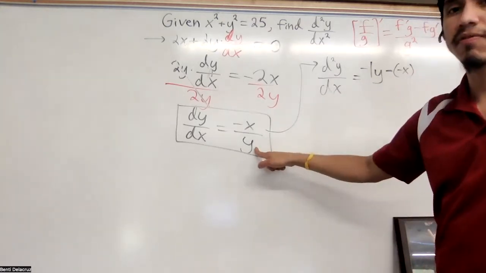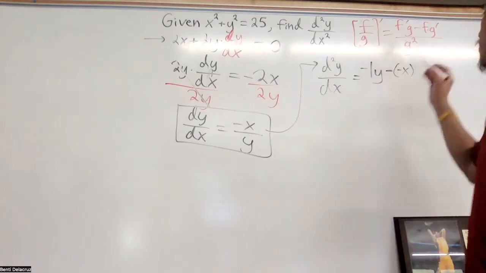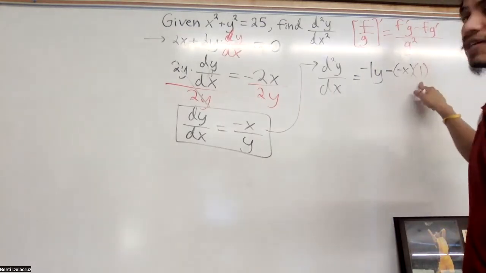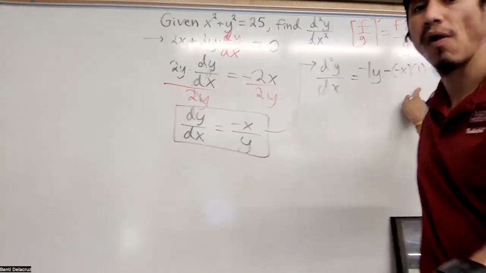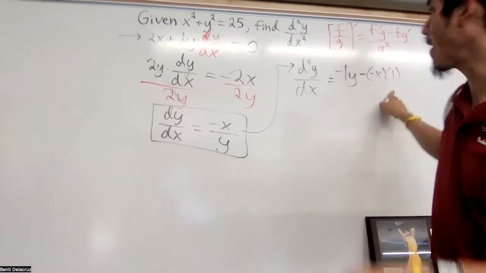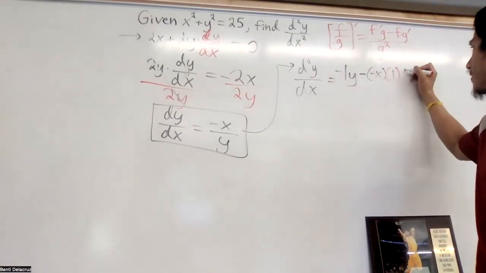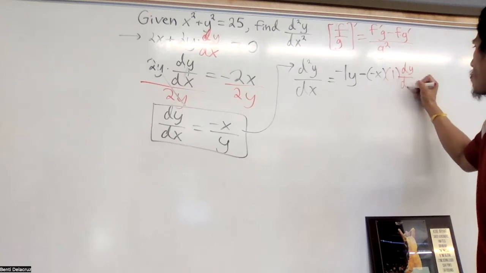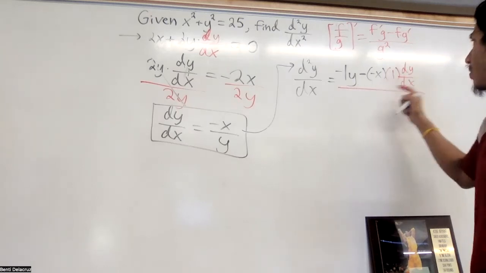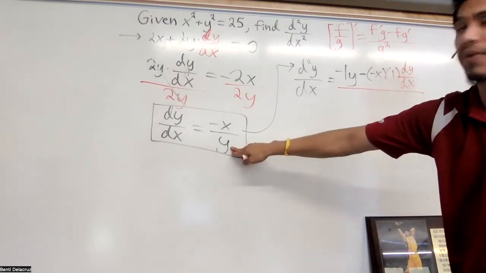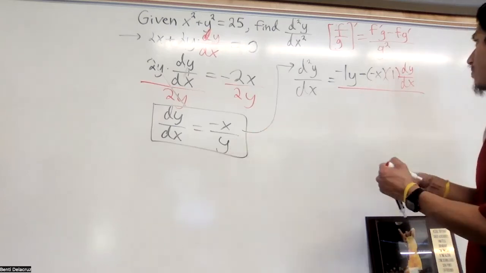And then we take the derivative of the bottom function, so times y. And since we're differentiating a y term, we're going to need to multiply this by dy dx. And this will be all over the bottom term squared. So this will be all over y squared.